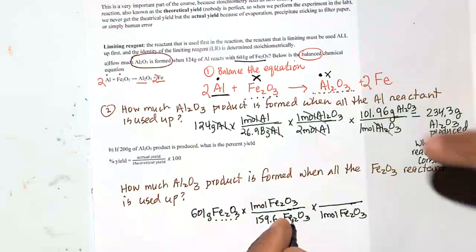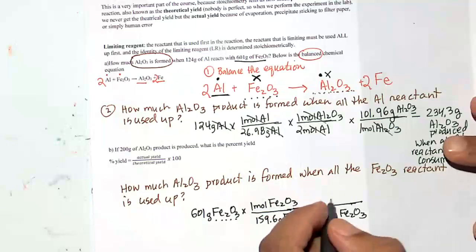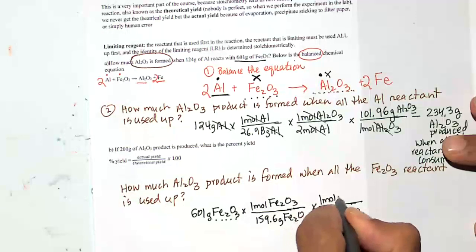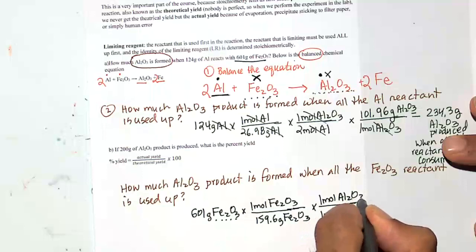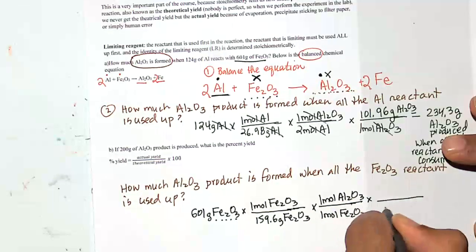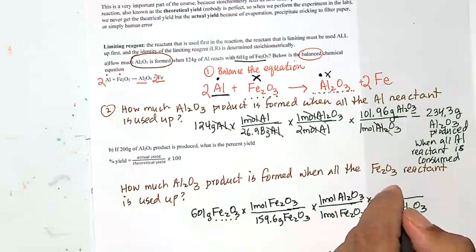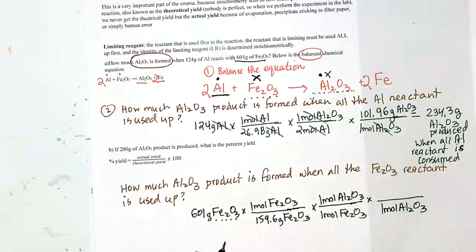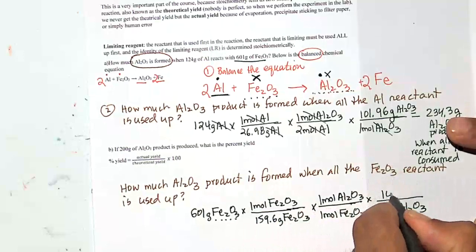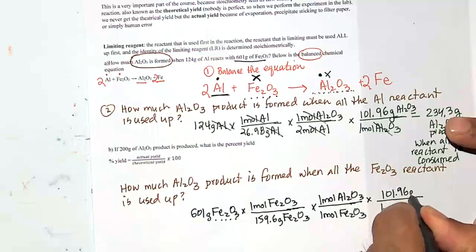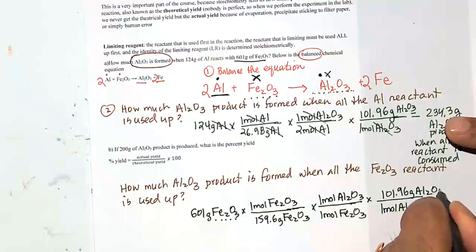So for every 1 mole of Fe2O3, there's how many moles of Al2O3? For every 1 mole of Al2O3, there is about 101.96 grams of Al2O3.